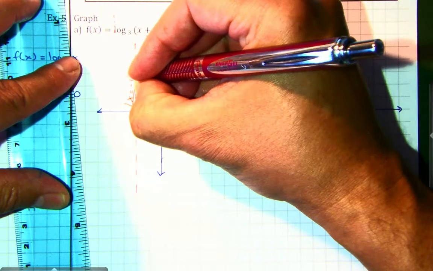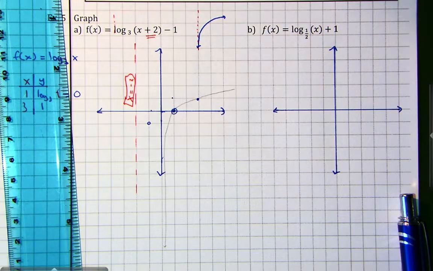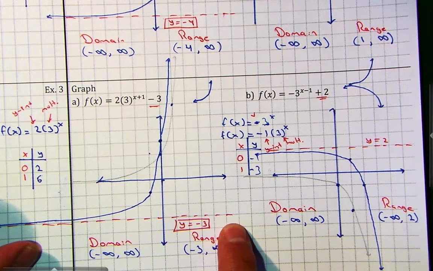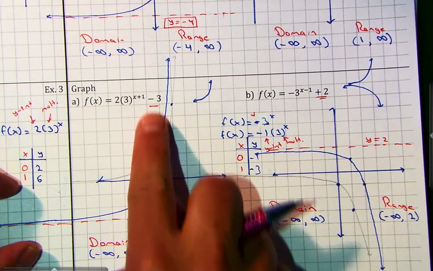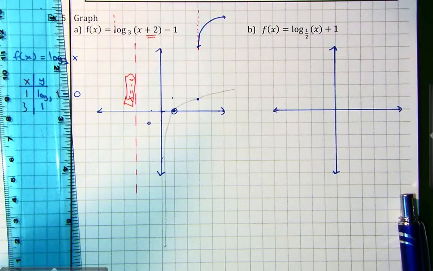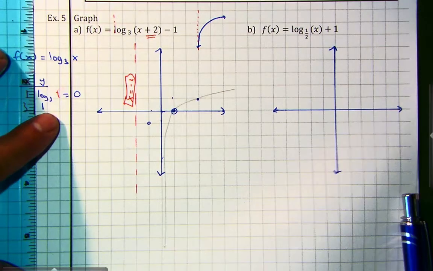Where before, your asymptote was your k, because it was horizontal, y equals k. Now, this is your h, that'll be your asymptote, because it got shifted to the left too.